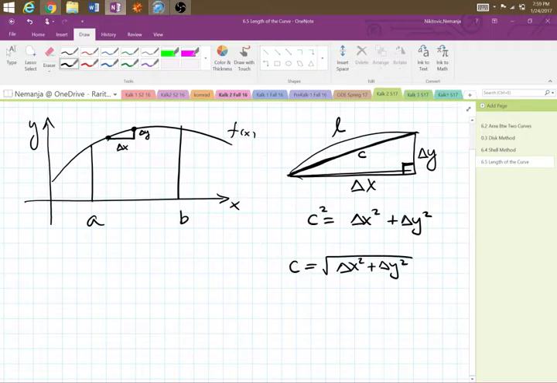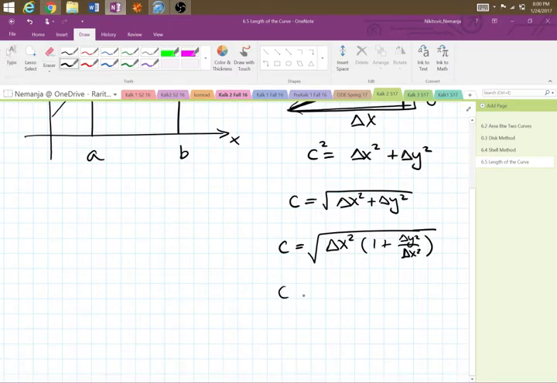And then with a little bit of magic, I'm going to take delta x squared as a common factor and kick it in front of the square root. When I take delta x squared common factor, I'm left with 1 plus delta y squared over delta x squared, because I have to put that down there.